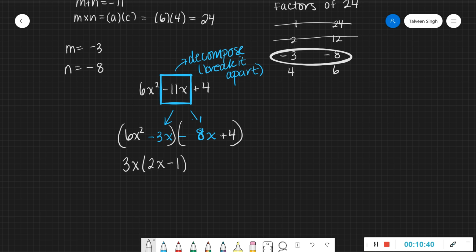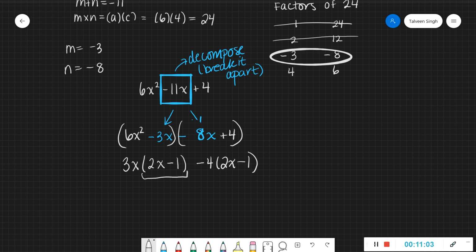Same thing here. I can pull out a negative 4. 8x divided by negative 4 is just going to be positive 2x. And then the positive 4 divided by negative 4 is going to be negative 1, right?